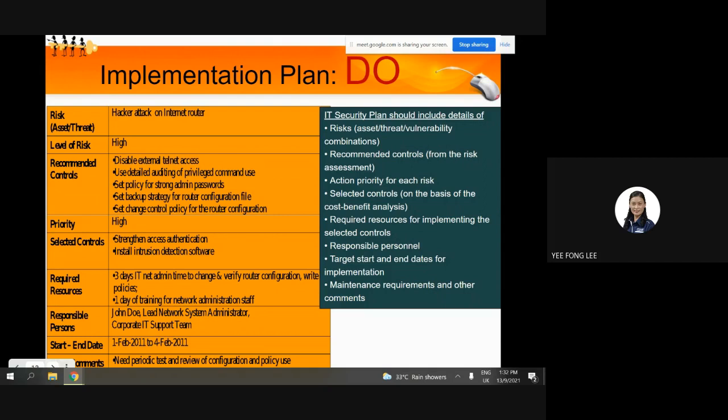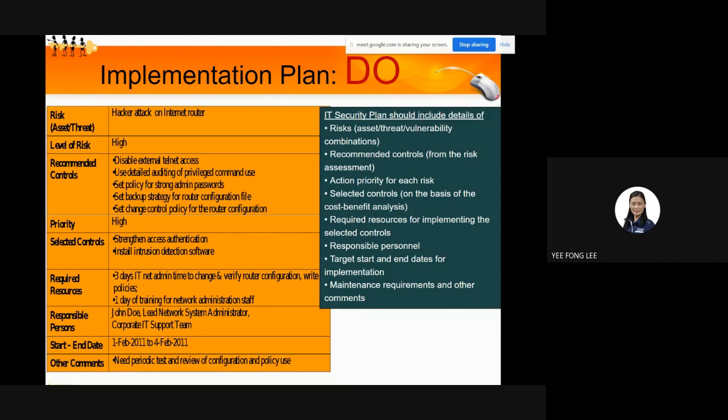The suggested controls are specific examples of remote access, user identification, system backup, and configuration change control. Look at the recommended controls on the third column, third row. All these are recommended based on the risk assessment.